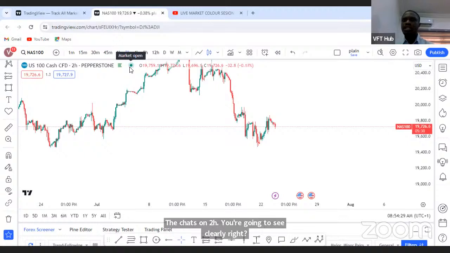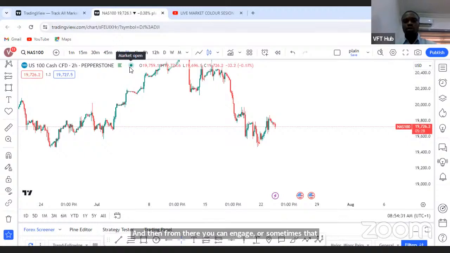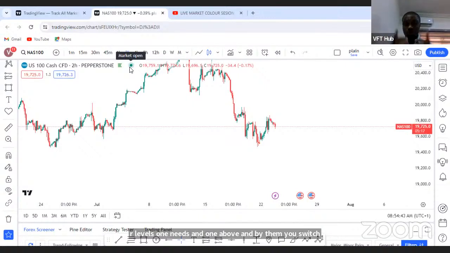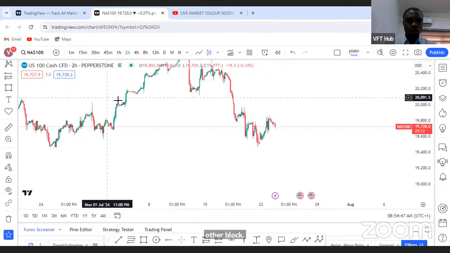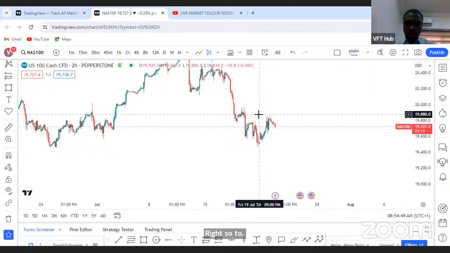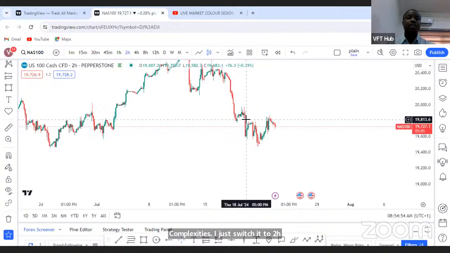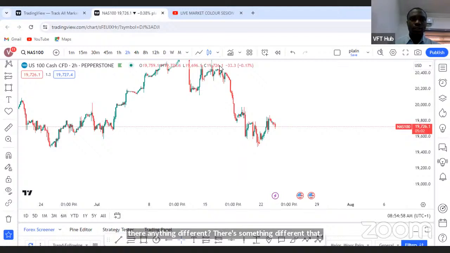Or sometimes you're seeing two order blocks on the 1 hour time frame, levels on levels, one beneath and one above. By the time you switch it to 2 hour time frame, you see that it's just one single order block. So to help manage all of those complexities, I just switch it to 2 hours. If I see that the chart is saying something different, then I can engage the market. It's not like there's something really mystical about it.